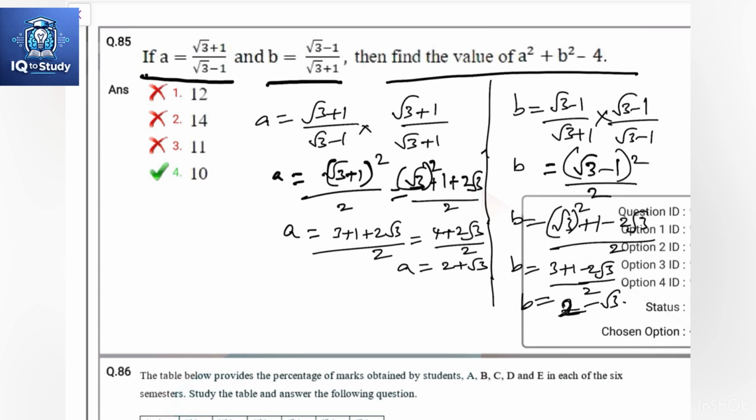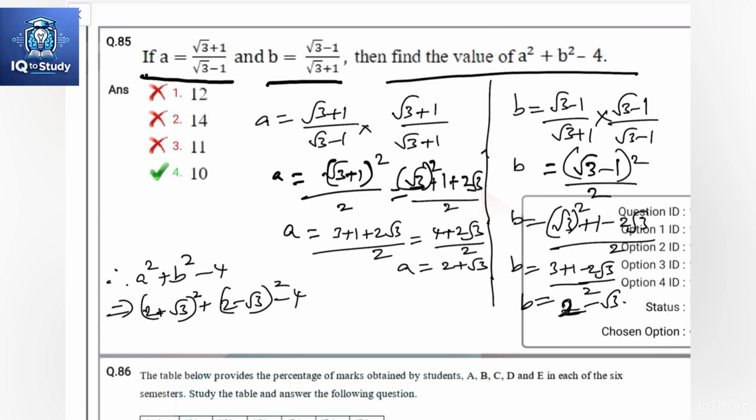So according to the question, we have to find A square plus B square minus 4, which implies 2 plus root 3 whole square plus 2 minus root 3 whole square minus 4.